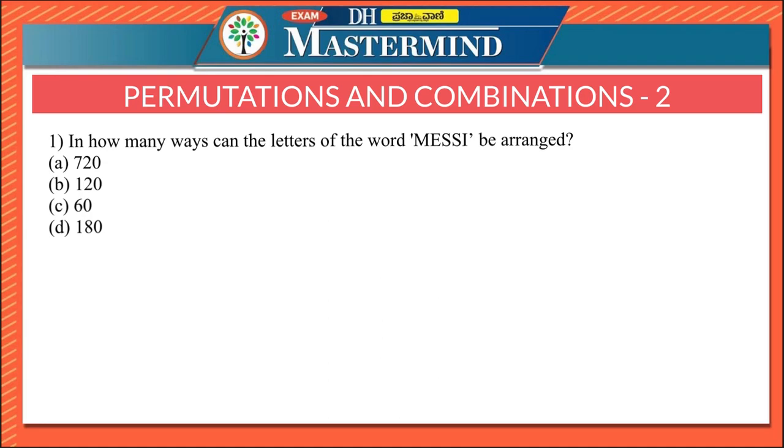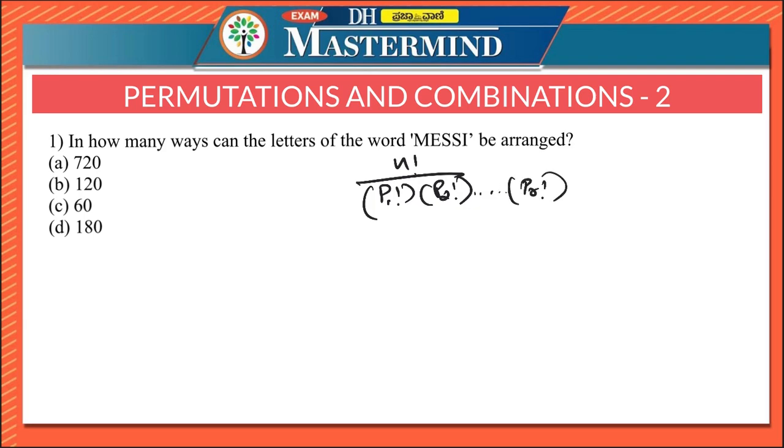In how many ways can the letters of the word messy be arranged? If you have watched the earlier video, you will know that to solve such a question, the formula is n factorial divided by p1 factorial, p2 factorial up to pr factorial.